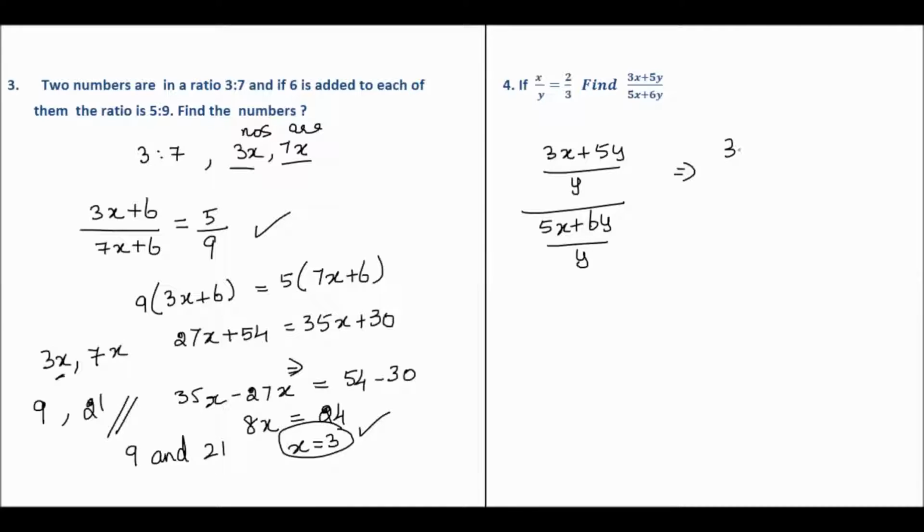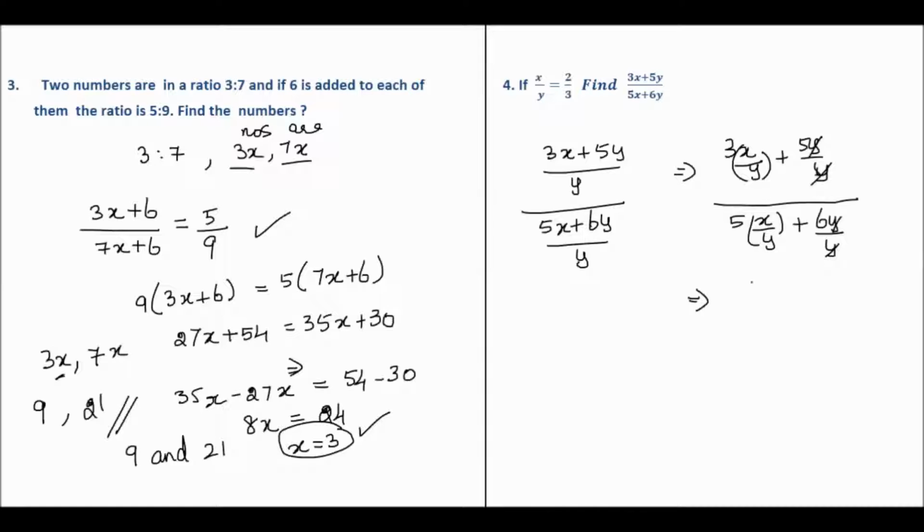So this becomes 3x by y plus 5y by y, which will get cancelled, divided by 5x by y. Just put a bracket so that you are not confused, plus 6y by y gets cancelled.